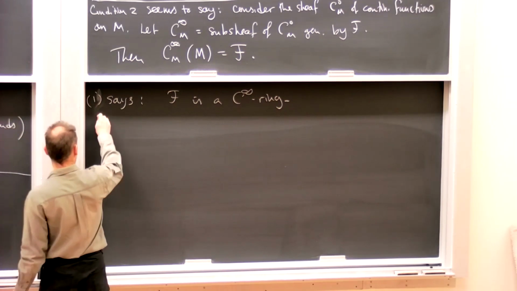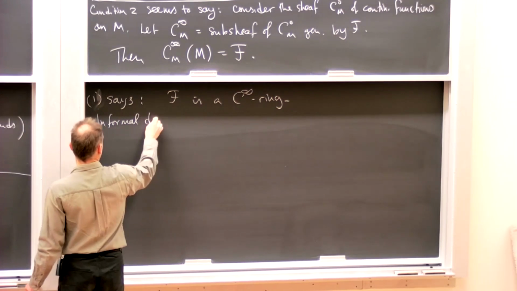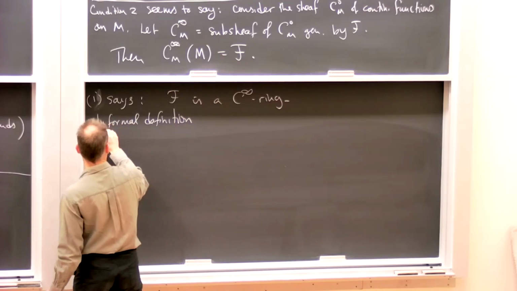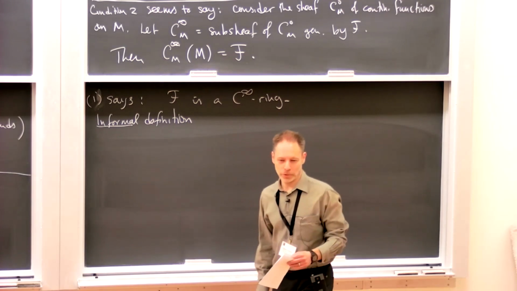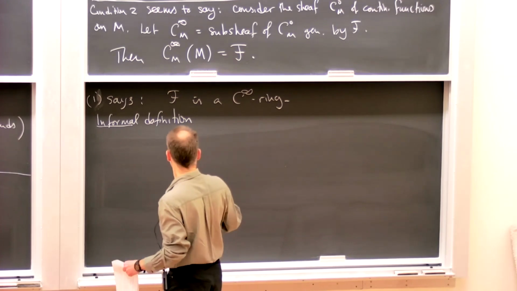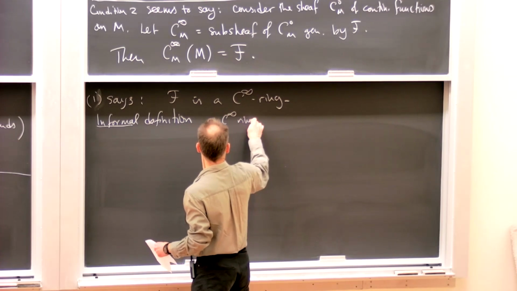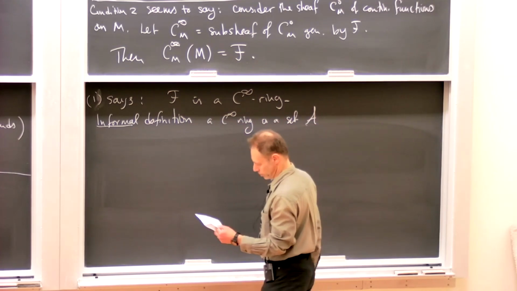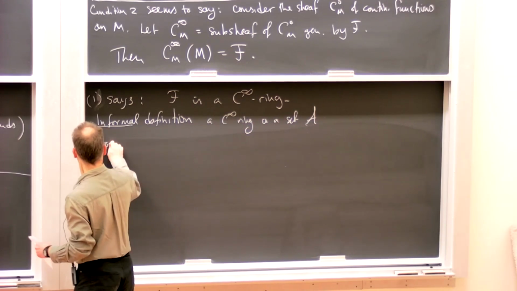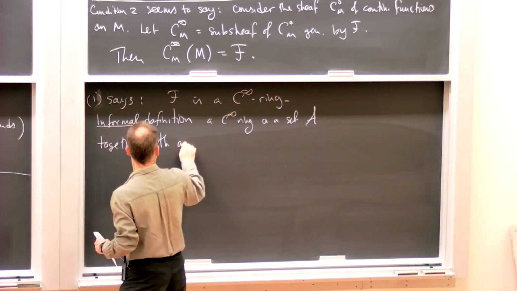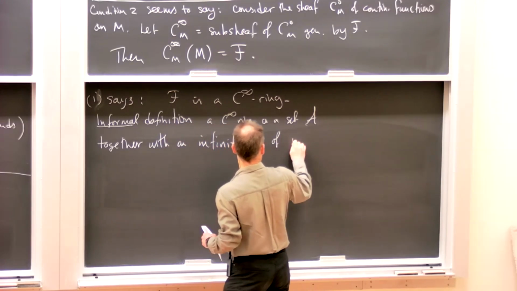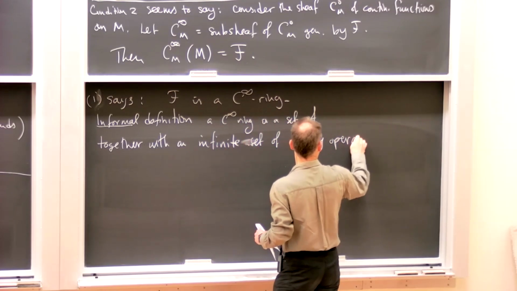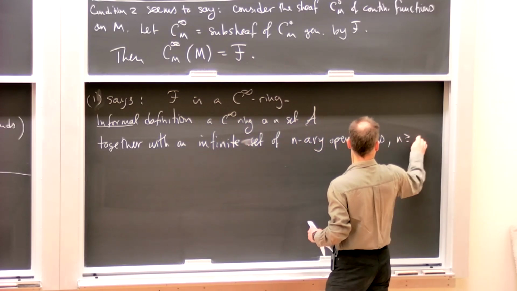So here is an informal definition. The formal definition, when you see it the first time, makes no sense. So I'll just try to tell you what it's supposed to do, as opposed to what it is. A C infinity ring is a set, let's call it script A, together with an infinite collection of n-ary operations, n greater than or equal to 0.